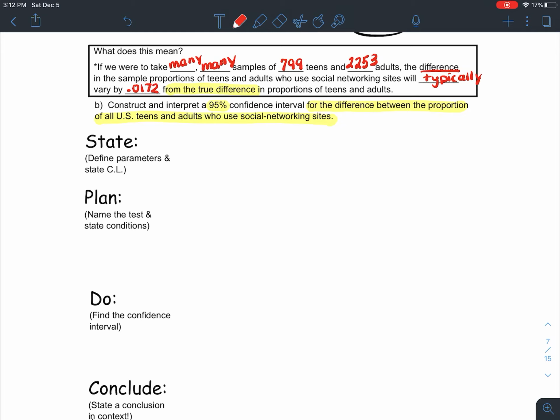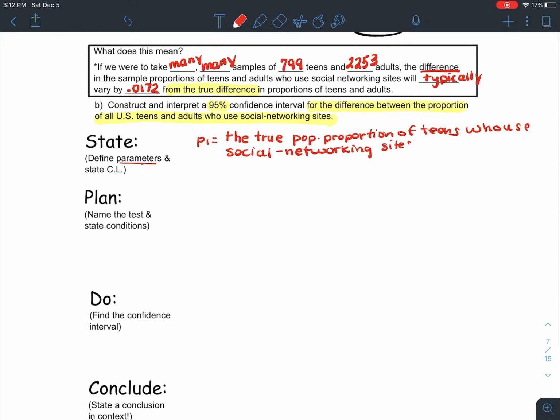Okay, these confidence intervals follow a four-step process here: state, plan, do, conclude. In the state step, we want to define our parameters. Okay, I know this is a little bit tedious and a little bit lengthy, but we need to define what our variables are representing. We're using P1, not P hat, but P1. This is what we're trying to estimate here. The true population proportion of teens who use social networking sites.